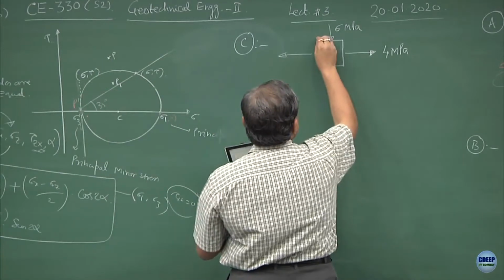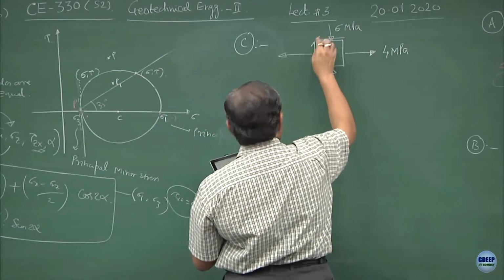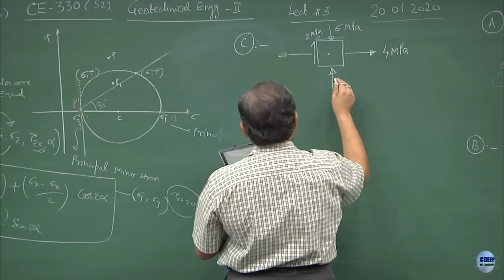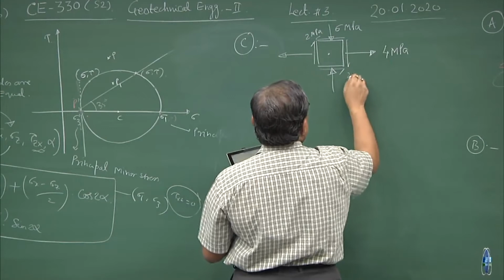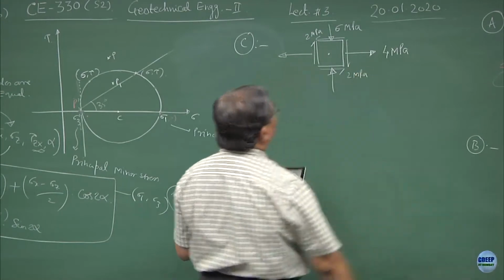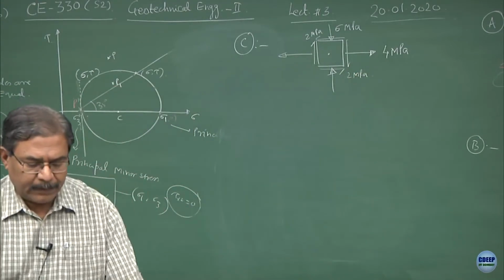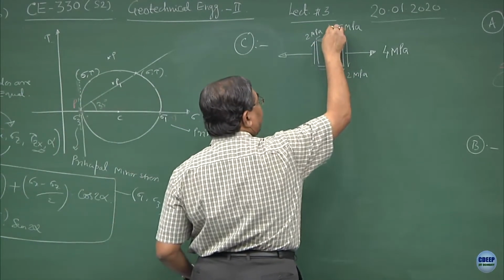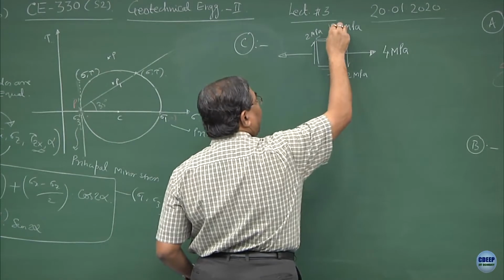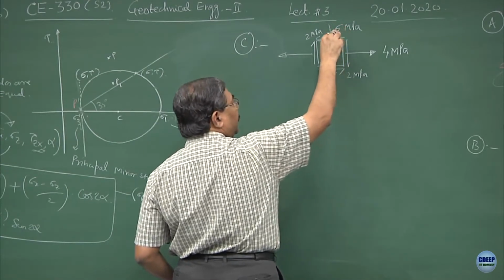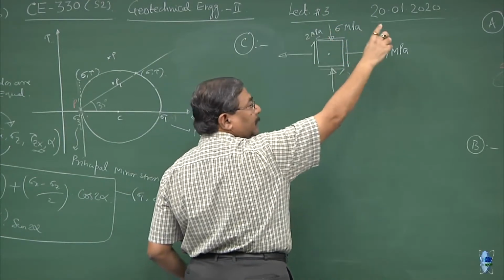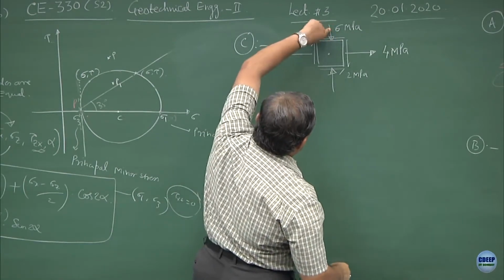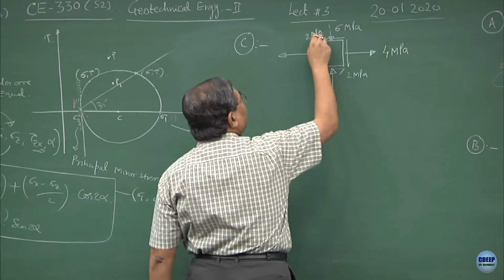The state of stress is, you have shear stress acting at 2 MPa. The nomenclature is, if I consider a point on this stress vector and if the direction of shear stress is clockwise, alright, if this is clockwise, we consider this as positive.